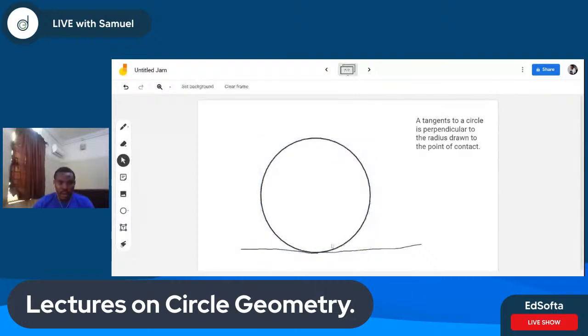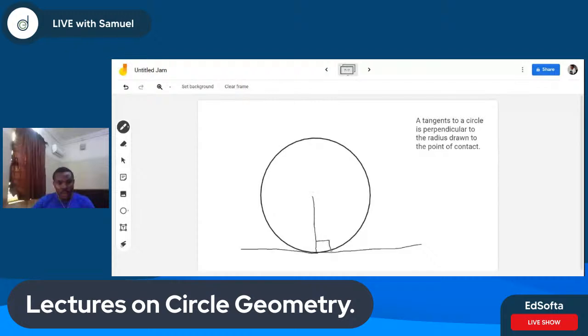Yeah. So we have something like this. So it just touches it. What they are saying is that if you have a straight line from the center, you pick a center and we draw a straight line that touches the point where the tangent touches the circle.